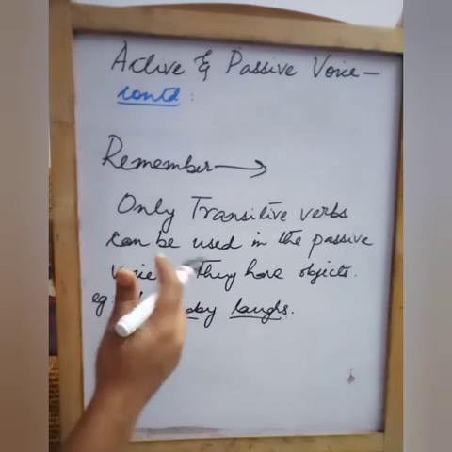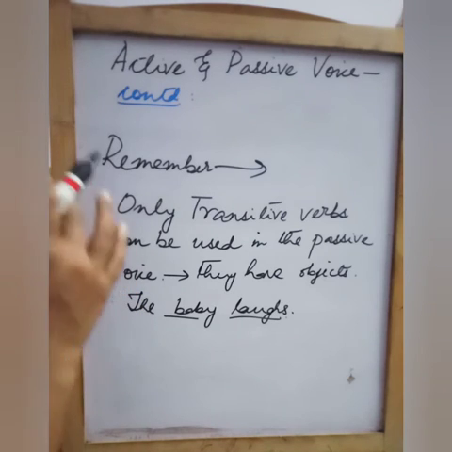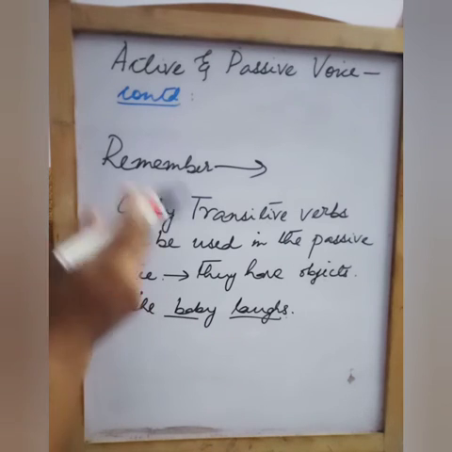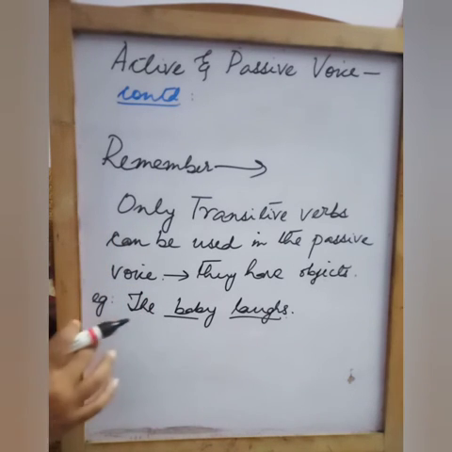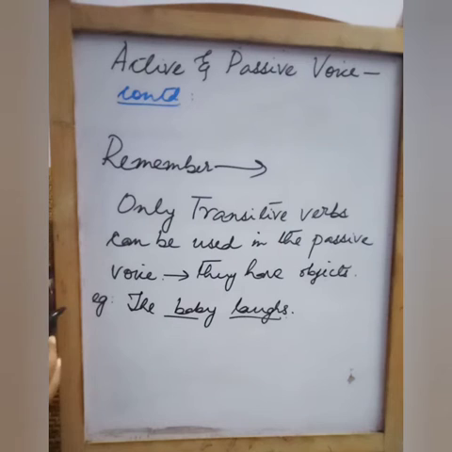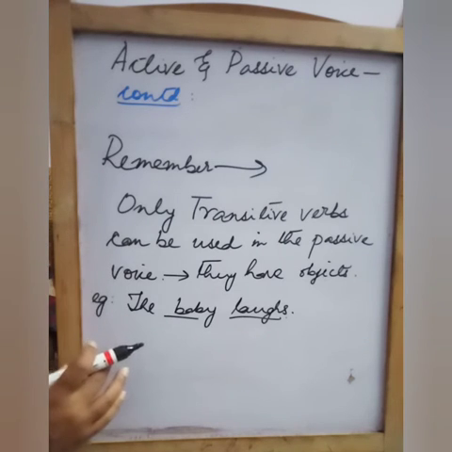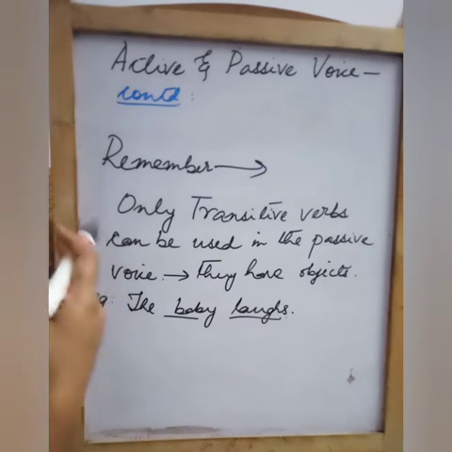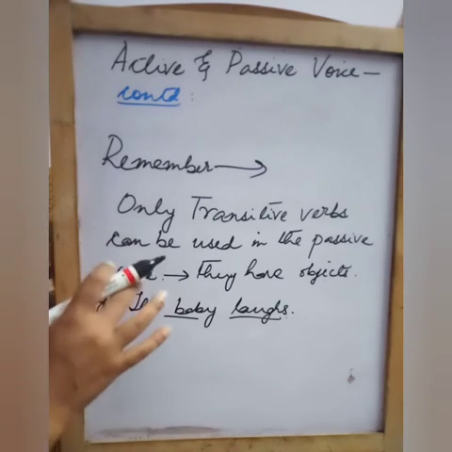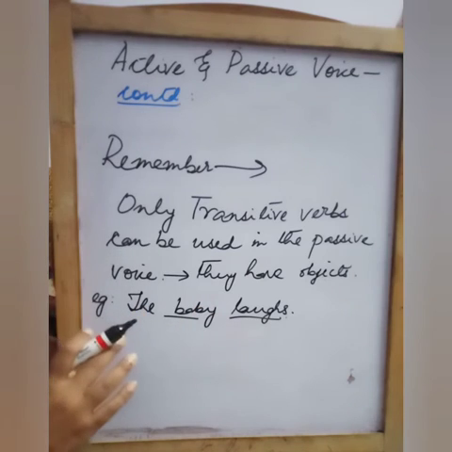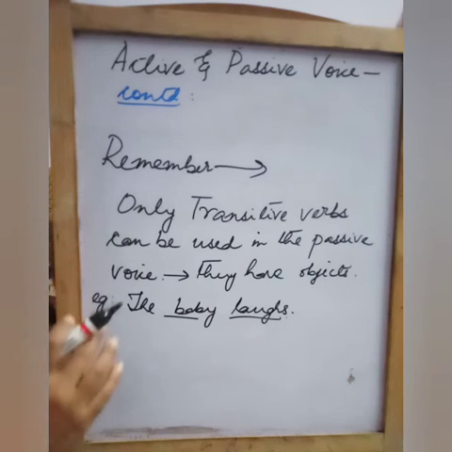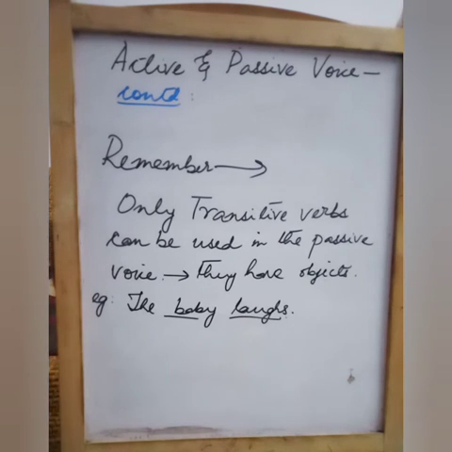The positions of the subject and object are interchanged, just as we saw in the previous sentence, the dog chased the squirrel, the squirrel was chased by the dog. So the dog is the subject, chased is the verb, and squirrel is the object, so we can change it from the active to the passive voice. But when we do not have an object, we cannot change it from the active voice to the passive voice. And such sentences are what? They are intransitive in nature, where there is no object. I hope it is clear.